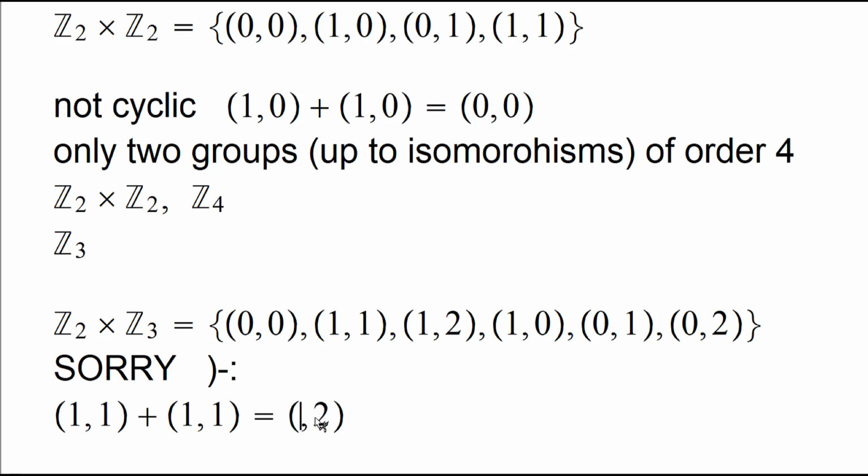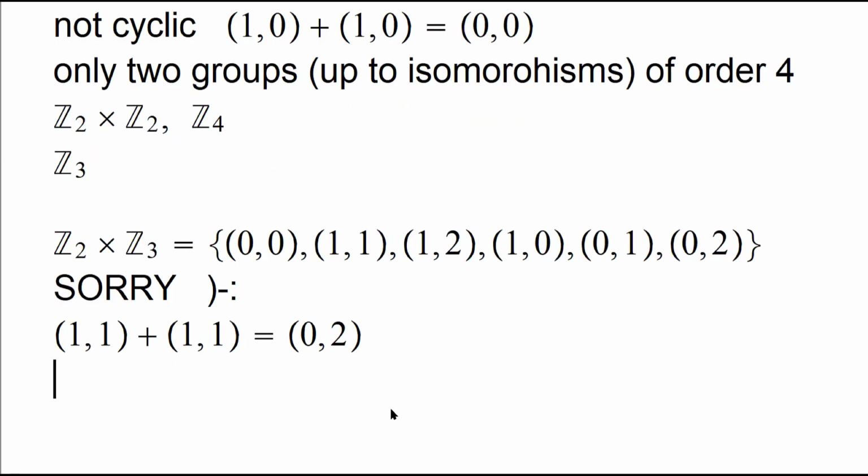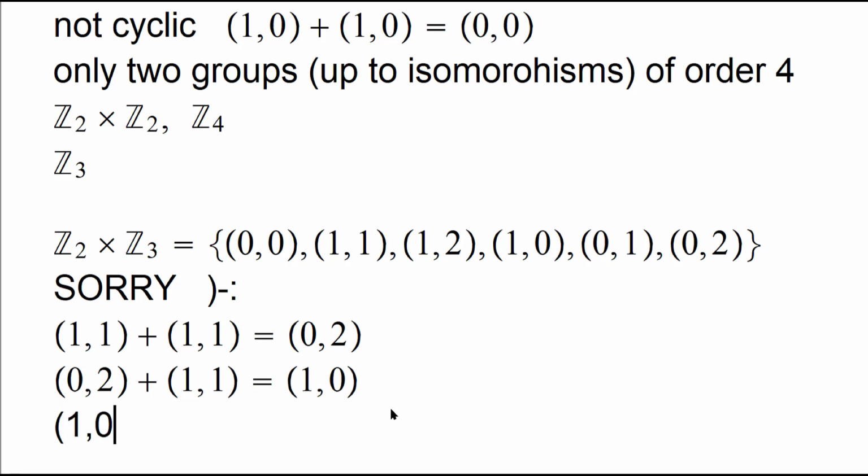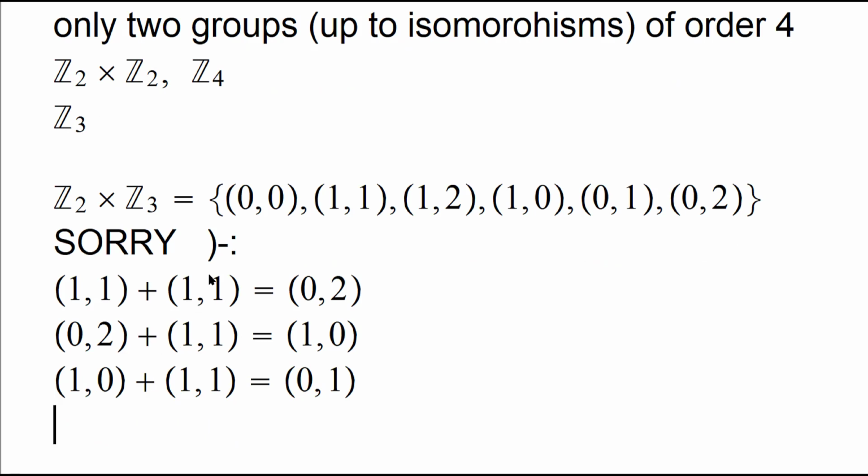So let's just verify, doesn't hurt. Actually we got 0 2, we are looking for 0 0, right? So here we will add 1 1. And when we do that, what do we get? Then we get 1 0. Let's bring in 1 0 here and then add 1 1 to it again. So then what do we get? Then we get 0 1 now, right? How many times have we added now?